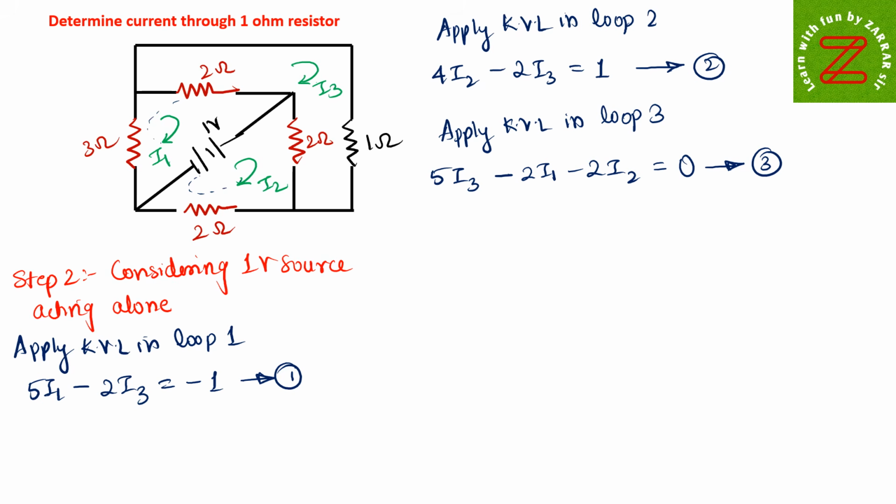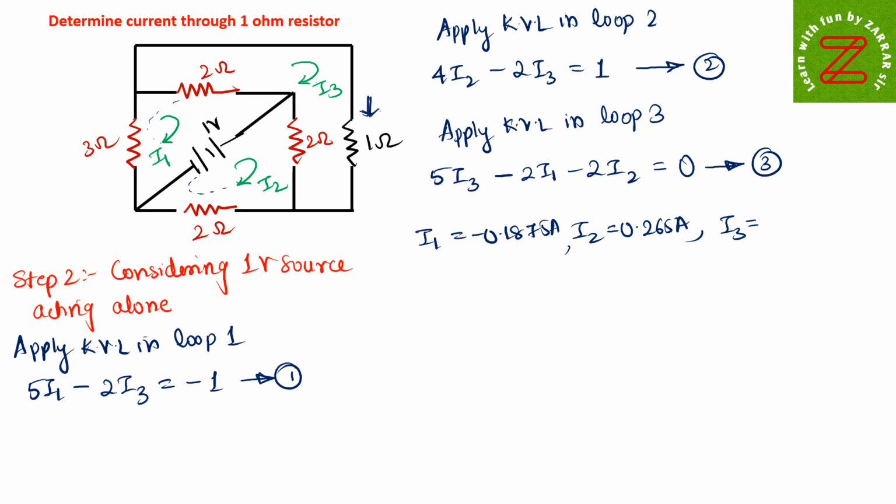Now once you have got all the three equations, you'll use the calculator to solve them simultaneously, and you'll get the value of I1, I2 and I3. I've already solved it for you so that your time should not be wasted. I have calculated I1 as minus 0.1875 ampere, and over here I2 is 0.265 ampere, which is not important to us since we are concentrating on the third loop, because the 1 ohm is in the third loop.